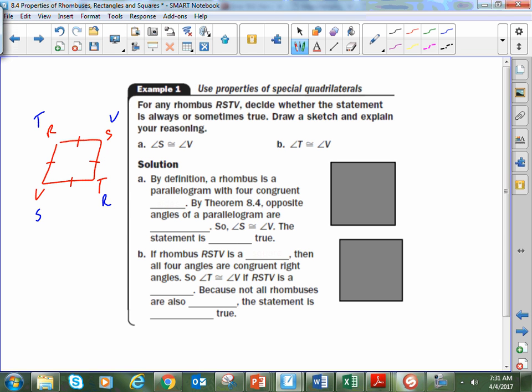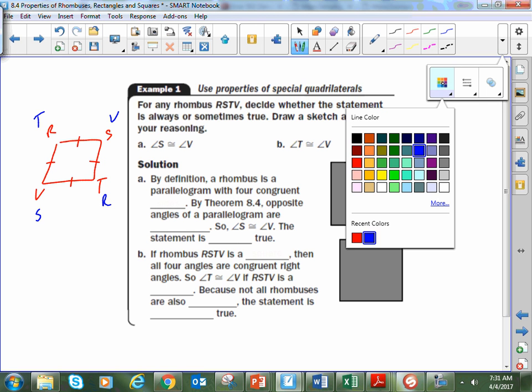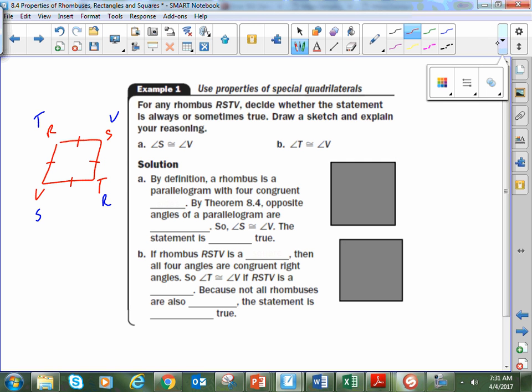Let me just go back to the red, so we'll look at the red figure with the red letters. Angle S is congruent to angle V. Is that always true? Well, let's think about it. It is a parallelogram.